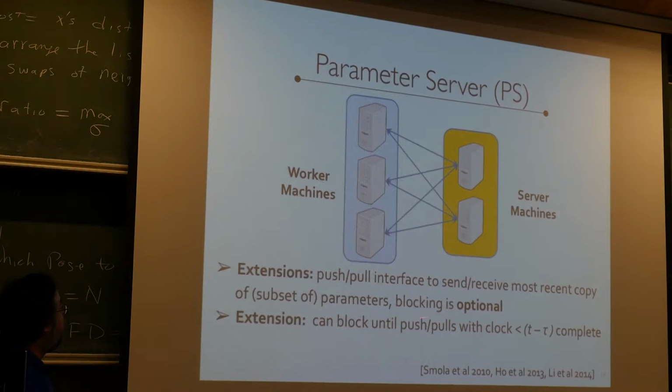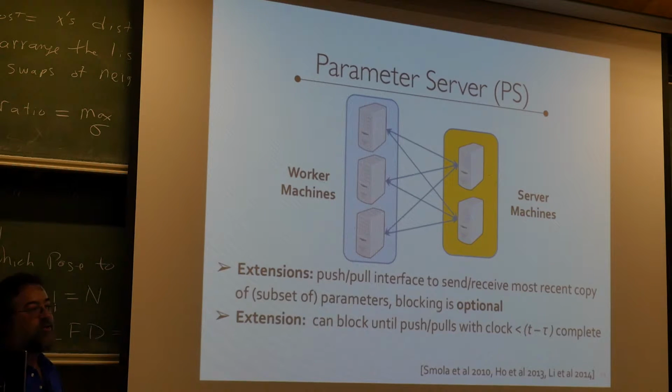So there are a bunch of extensions where the push pulls might block or they might not block, and it depends to some extent on how far behind the other worker machines are running. So this is basically implementing some notion of this maximal delay.